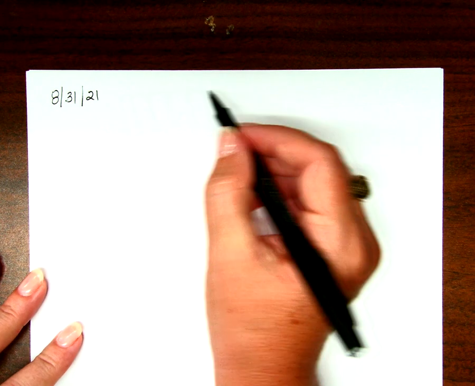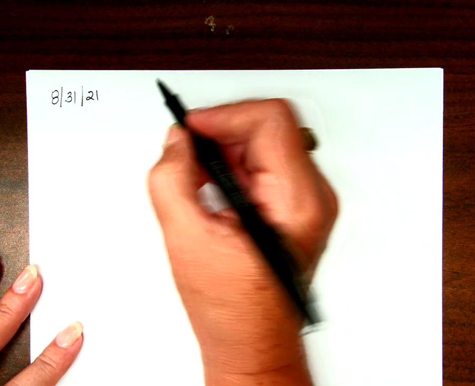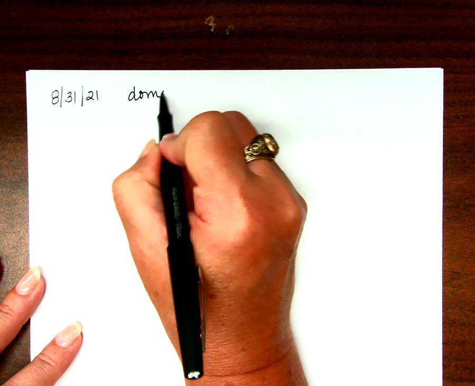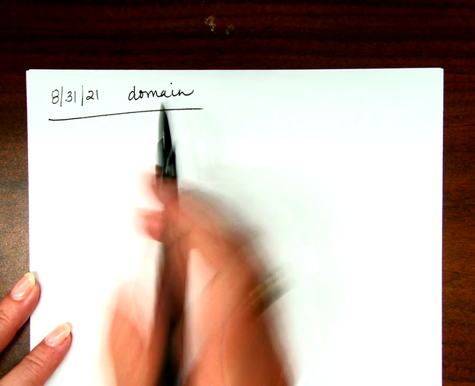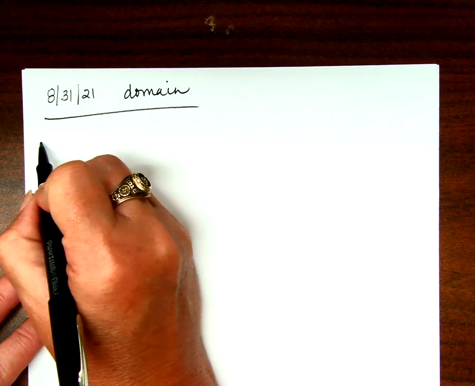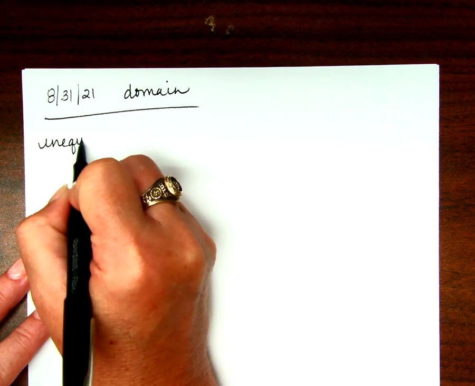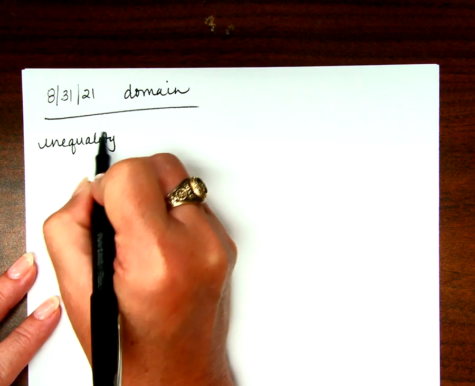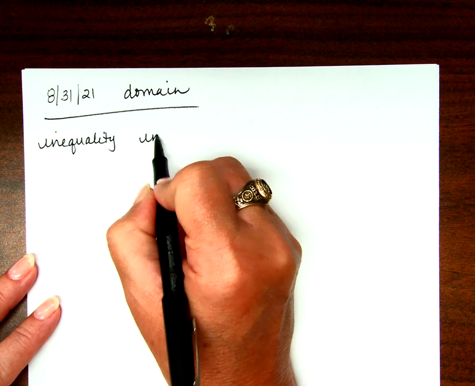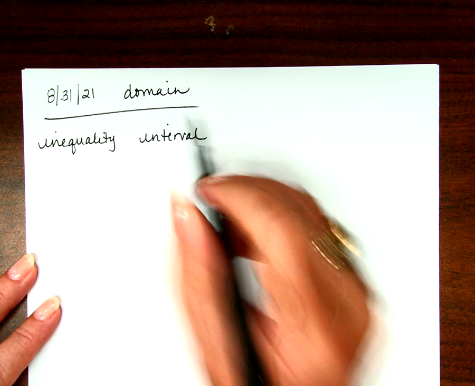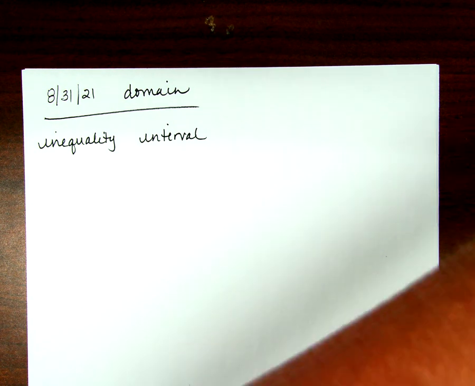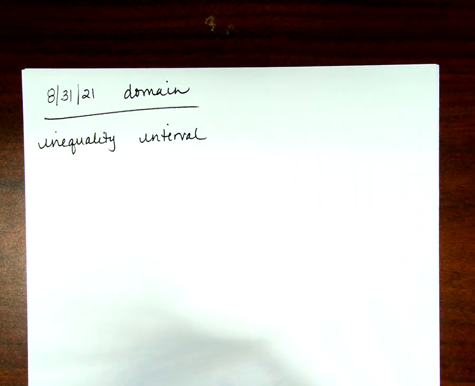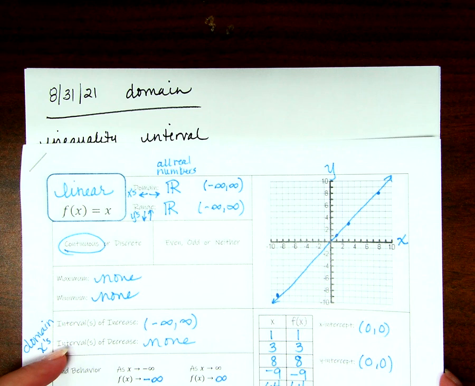What is the topic for our notes today? Domain. So let's get the topic there as well. Okay? When we did our worksheet on parent functions a couple days ago, we talked about both of these kinds of domains already, right?